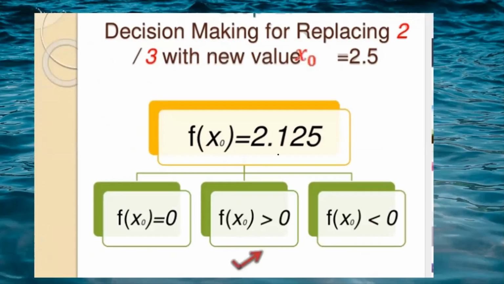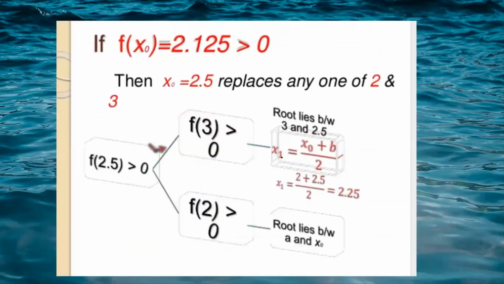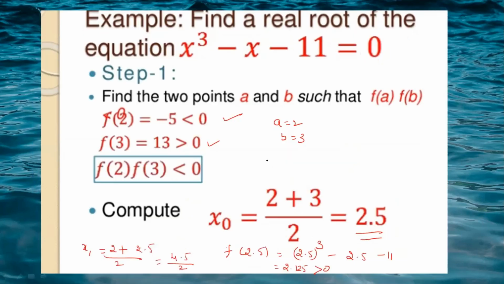So decision making for replacing 2 and 3 with a new value, x naught is equal to 2.5. So 2.5 value is greater than 0.